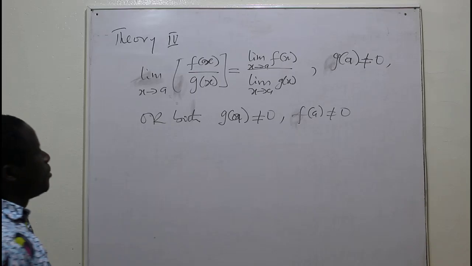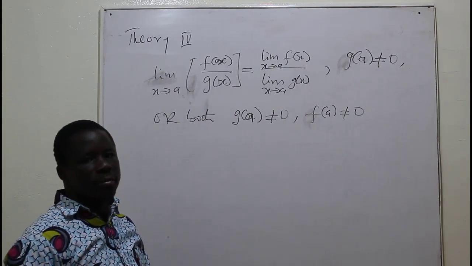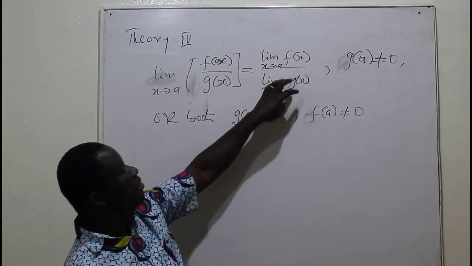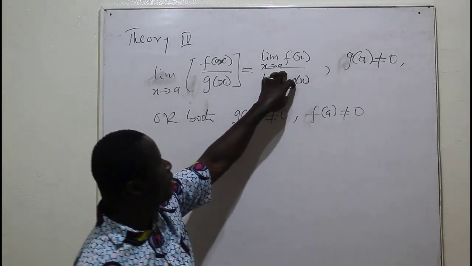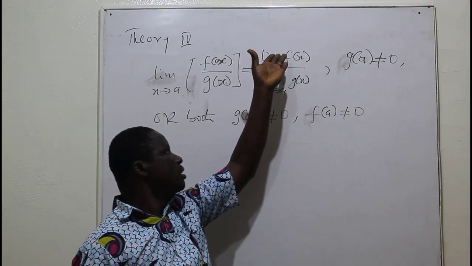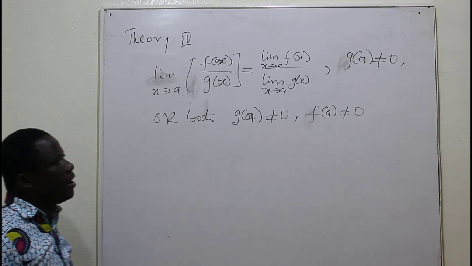If both are 0, it will be 0 over 0 and it will be indeterminate. But if only g of a is 0, then you will get something divided by 0 and it is undefined.